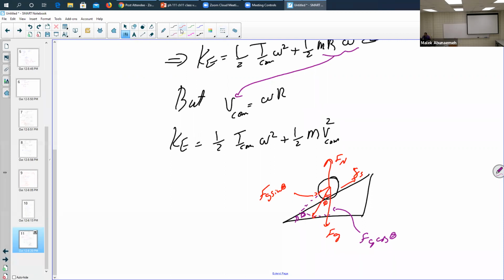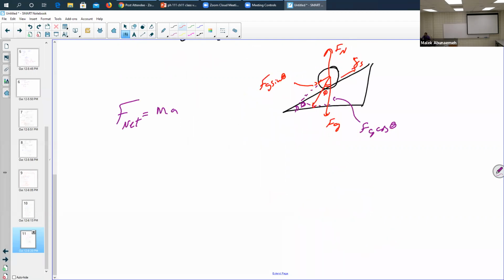So your net force is what? Your mass times acceleration, right? And your net torque is your I alpha. Now looking at that picture, what you got? You get your Fs, your friction force, minus mg sine theta, going the other side, is going to equal your m a center of mass.